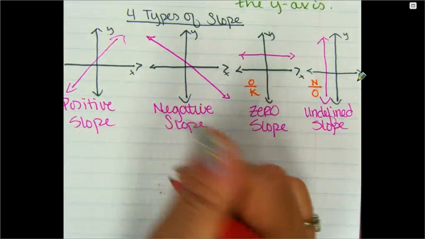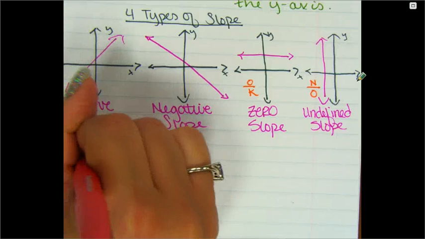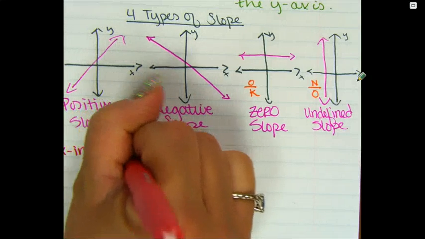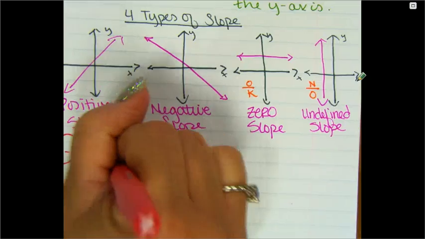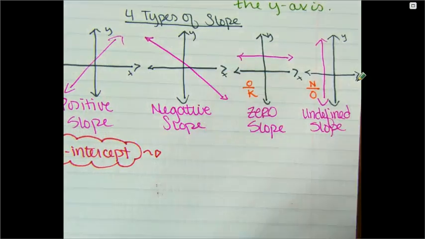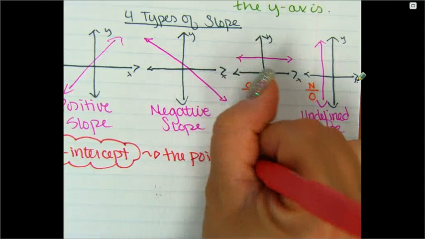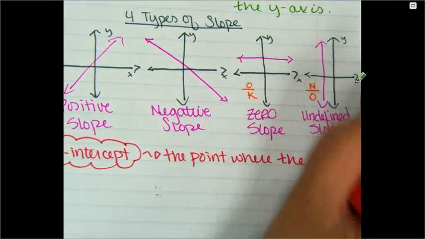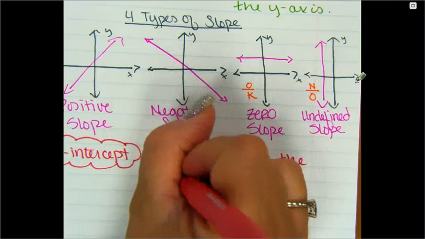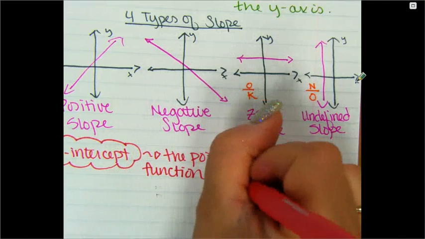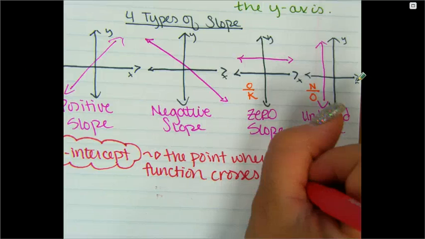Let's talk about x-intercept. X-intercept is the point where the function crosses the x-axis.